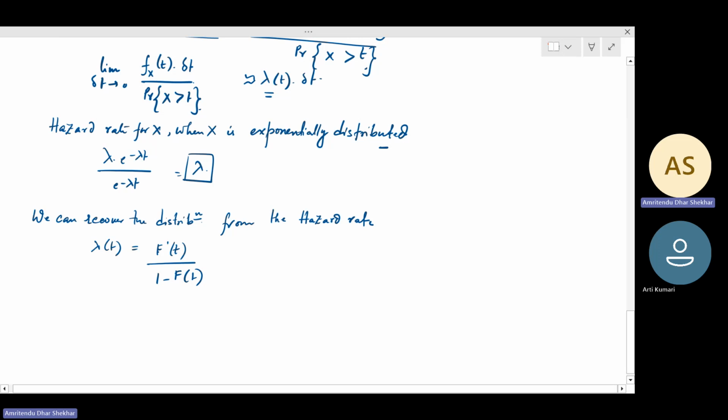Now you can integrate both sides, and then you get the log of 1 minus F t is equal to minus the integral of lambda t dt.